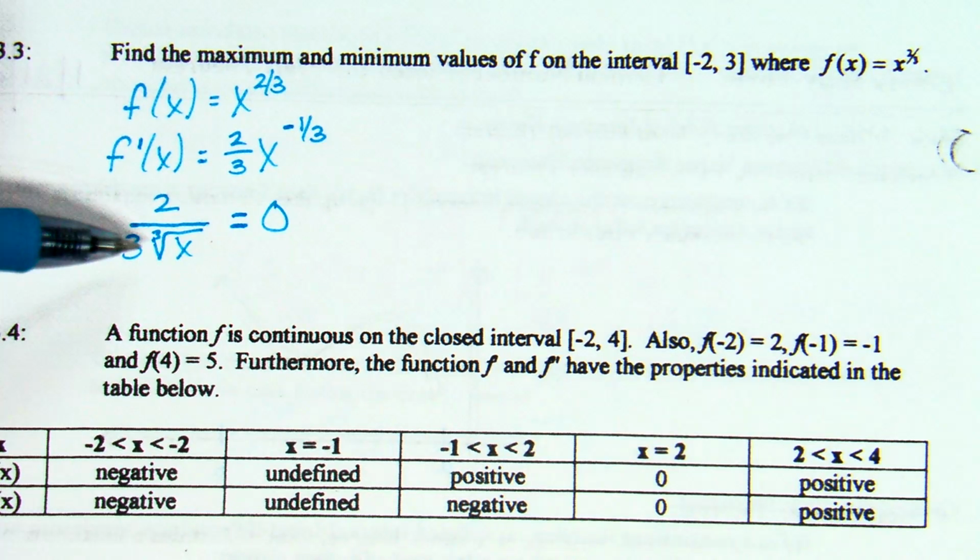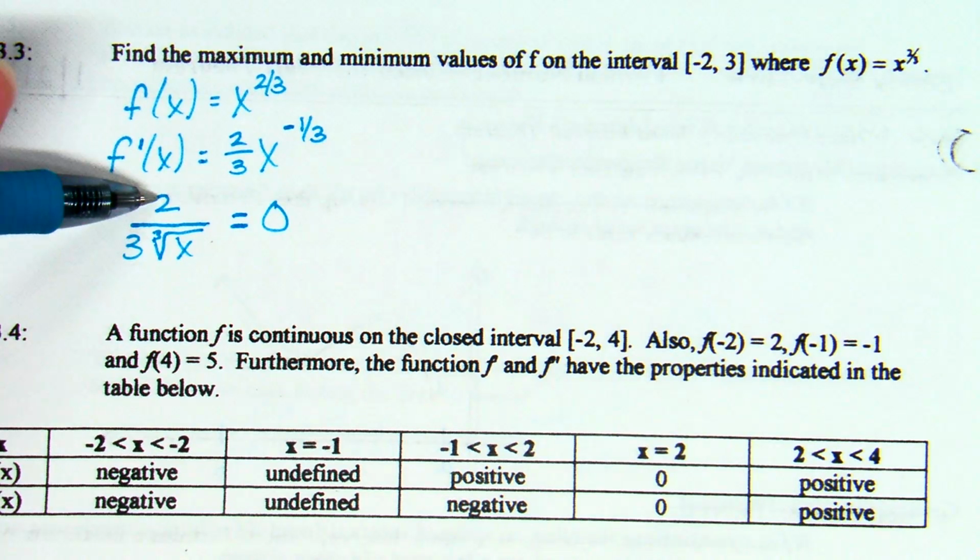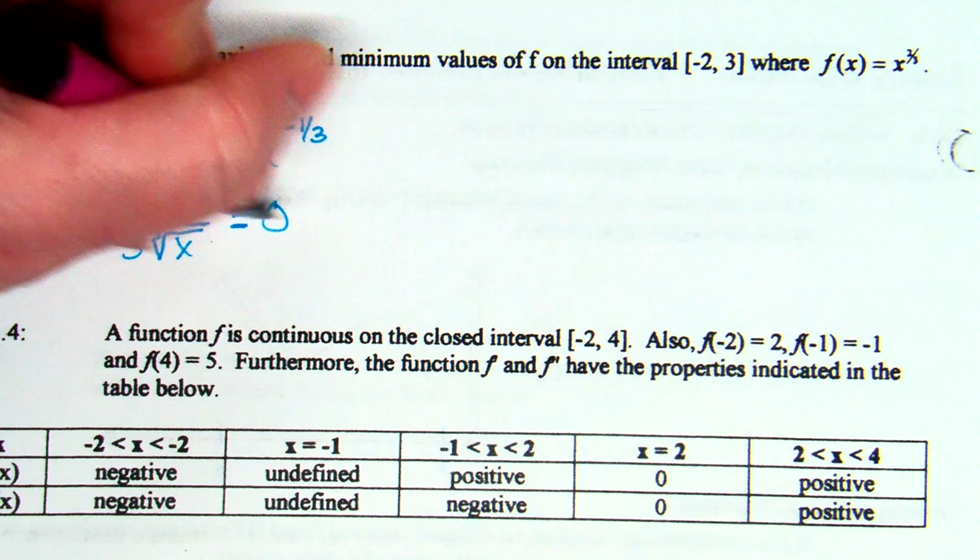Can x in the denominator equal 0? No. The only way this fraction could equal 0 is if 0 can be in the numerator. Can 0 ever be in the numerator? No, it's a 2 in the numerator. So this fraction cannot equal 0.